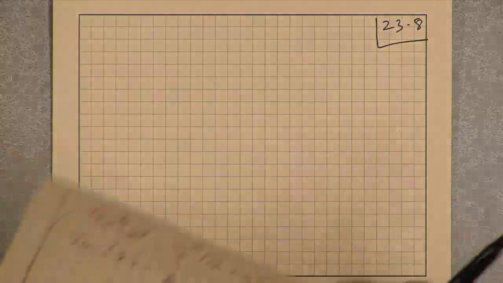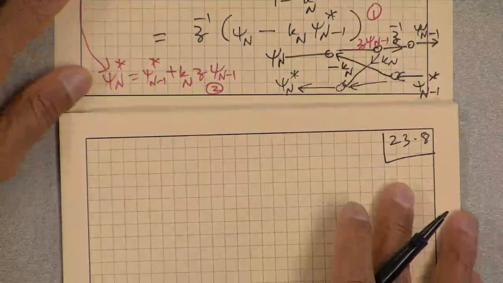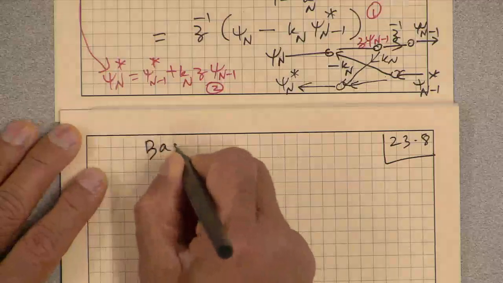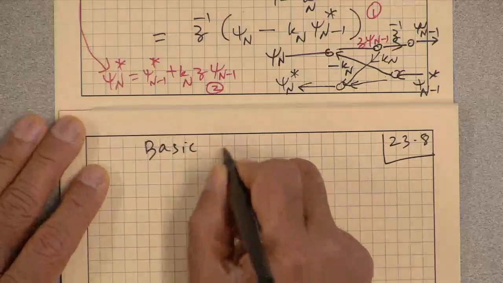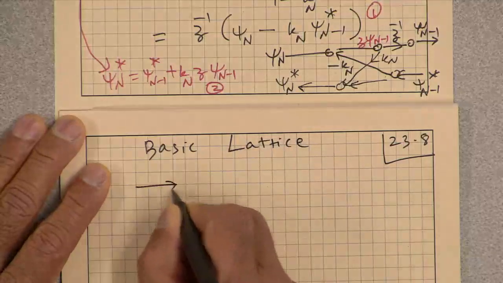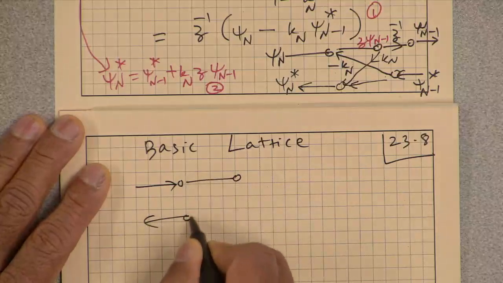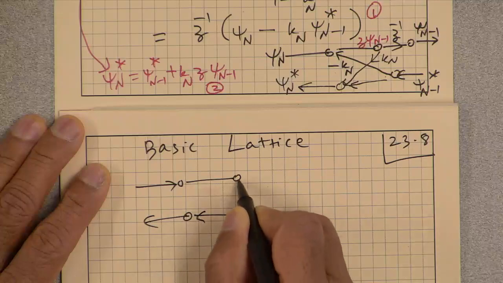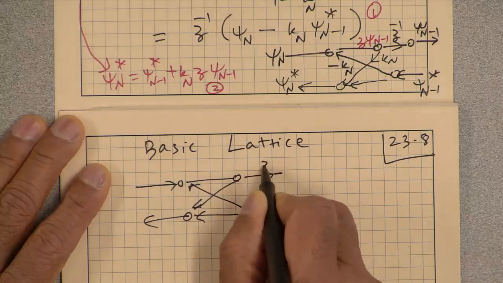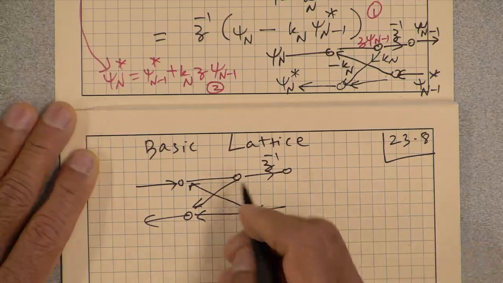The basic lattice filter, sometimes called the Gray-Markel lattice filter. So that is the basic lattice filter.